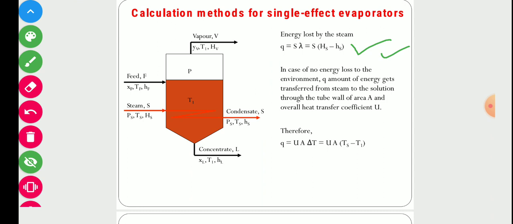So we are assuming whatever energy is released by the steam will be gained by the solution, and there is no energy loss. So the amount of energy gained by the solution can be found using this equation also. Here Q equals UA delta T. Here U is the overall heat transfer coefficient, A is the area available for heat transfer, and this delta T is the temperature difference between the hot fluid and the cold fluid, that is Ts minus T1.